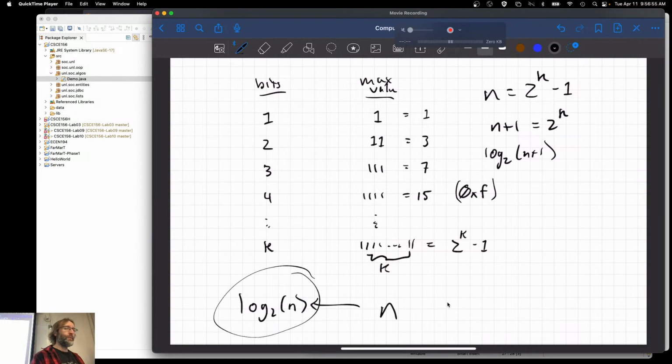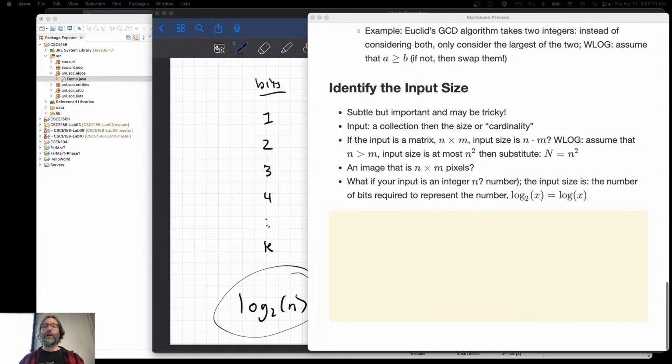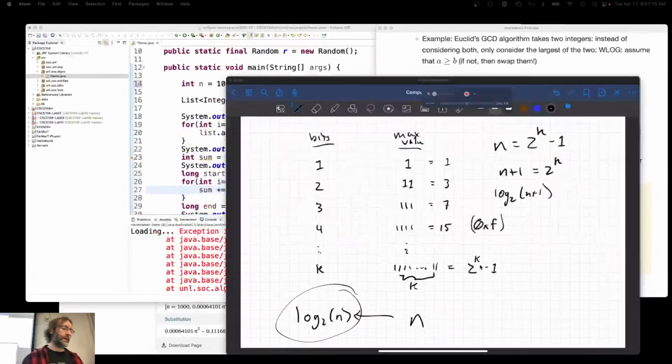That's the number of digits, the number of bits it takes to represent an arbitrarily large integer, okay? And it is important, right, for the number of bits required to represent the number, and that's going to be log n. Let me show you why it's important, and this is going to be our last exercise for the day.